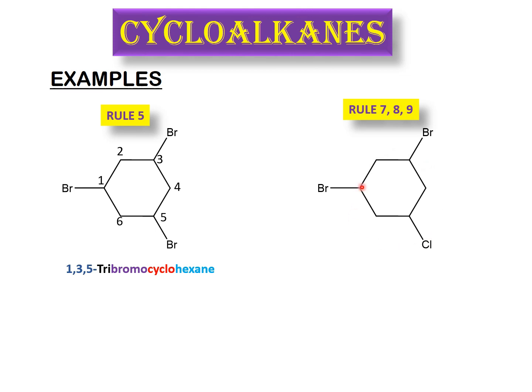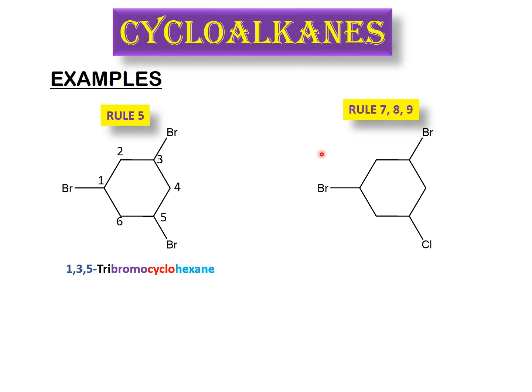In this direction, clockwise, the substituents are at 1, 3, and 5. Counterclockwise, again, they are at 1, 3, and 5. From this bromine atom, the substituents are at 1, 3, and 5 in this direction, 1, 3, and 5 in this direction. From chlorine atom, they are at 1, 3, and 5 in this direction, 1, 3, and 5 in this direction.